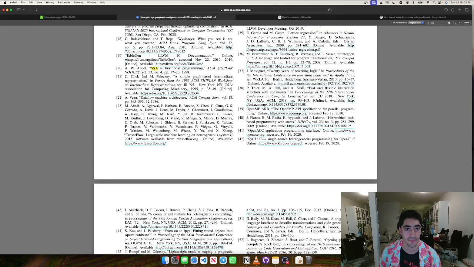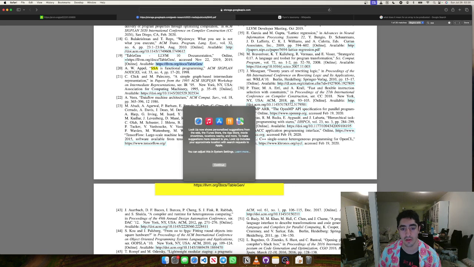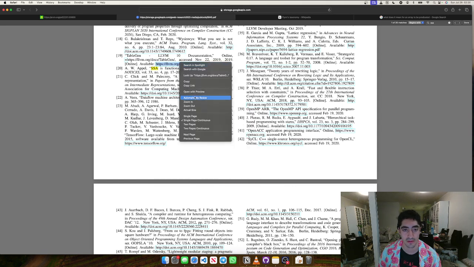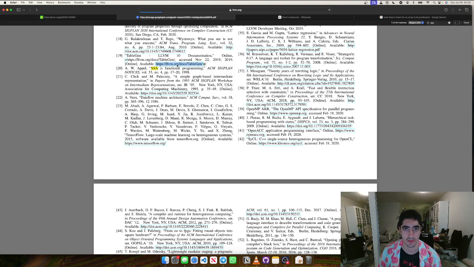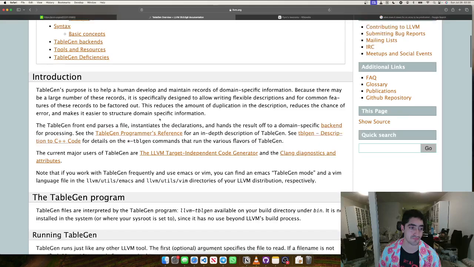19. This is something they definitely. Can you just open this, please? Let me preview why. Let's just click it. So this is TableGen for LLVM.